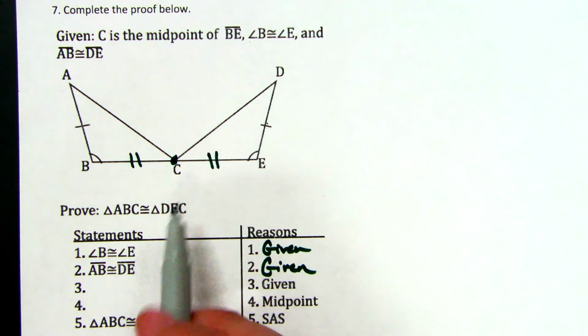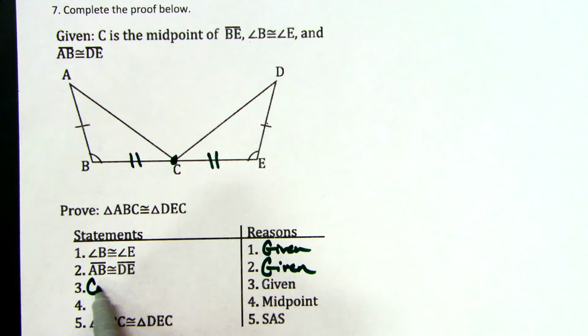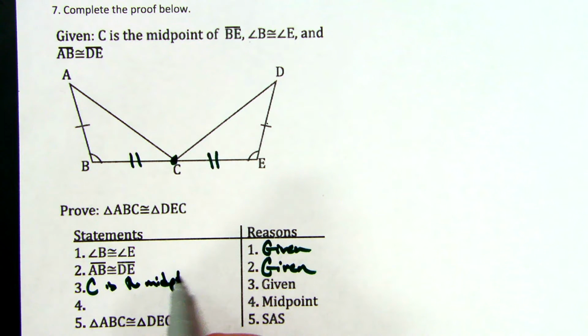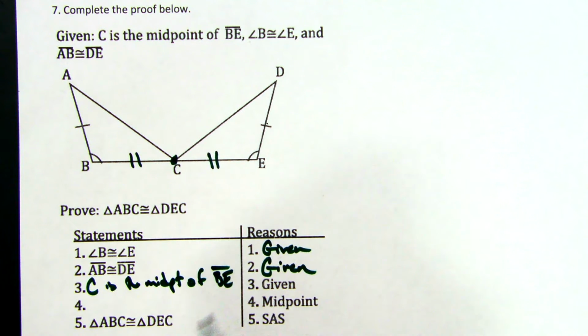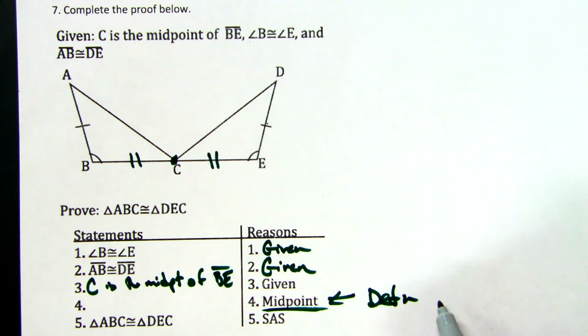What's the other thing that I'm given? I'm given that C is the midpoint of BE. All right, and then here, what thing do I know because of the midpoint? I think this is supposed to be the definition of midpoint.